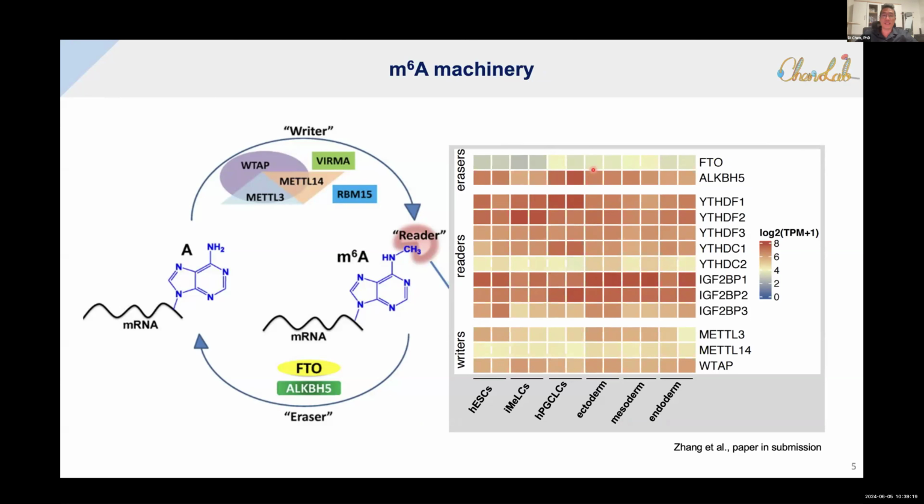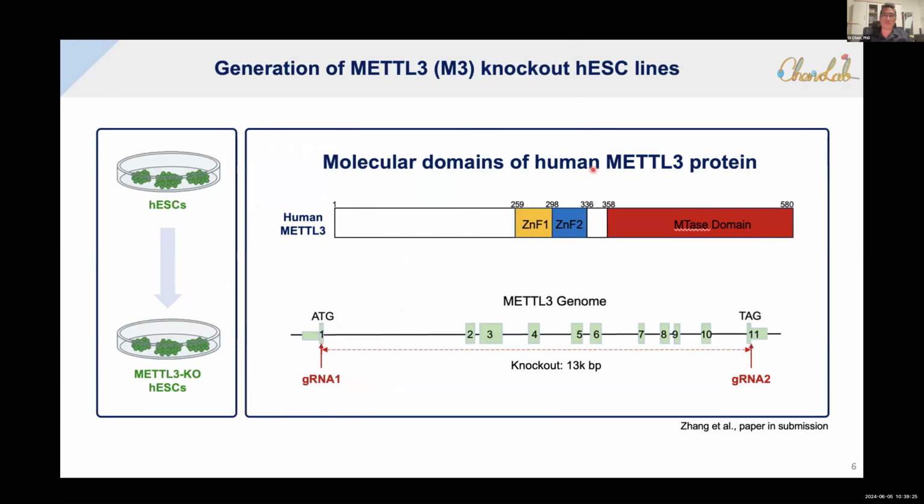So we tried to inactivate the m6A pathway to detect whether it is involved in the regulation of human germ cell development. We started with the writer METTL3, which is one of the most important writer proteins for m6A modification.